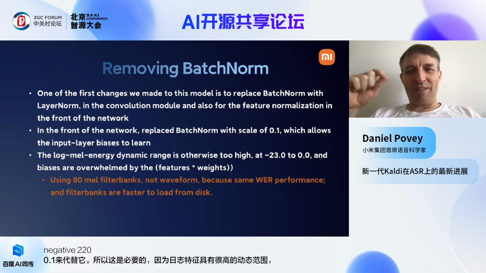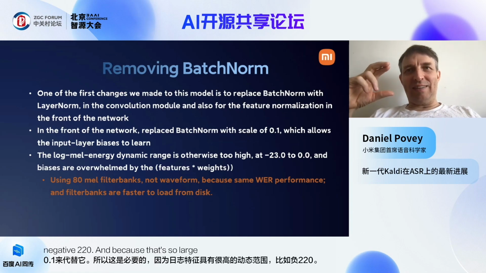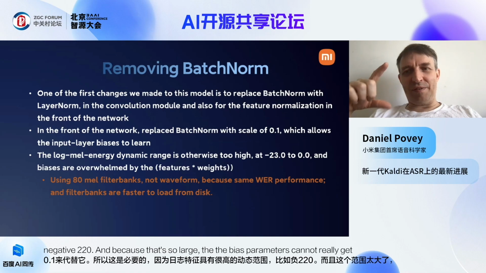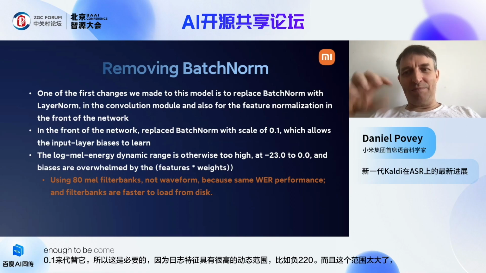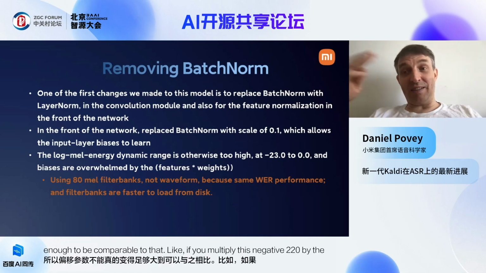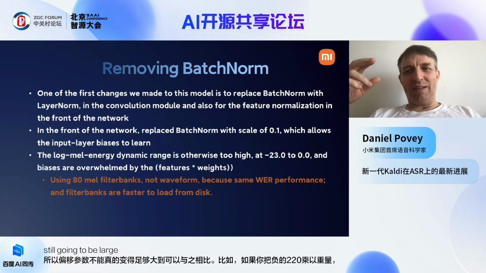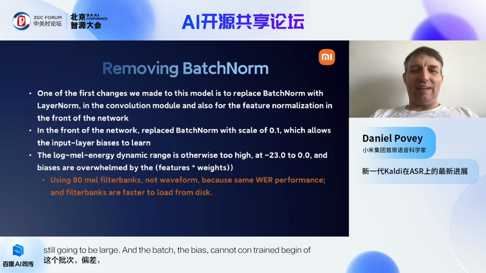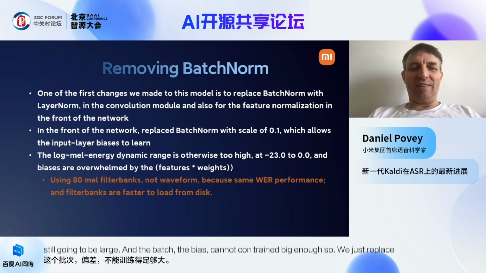And because that's so large, the bias parameters cannot really get large enough to be comparable to that. If you multiply this -20 to 0 by a weight, it's still going to be large, and the bias can't train big enough. So we just replace it with a scale.